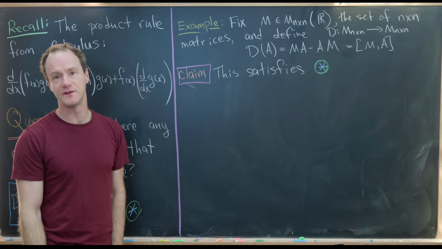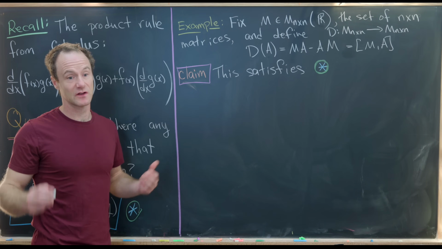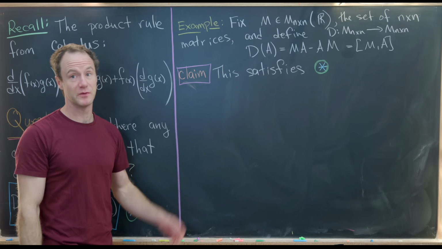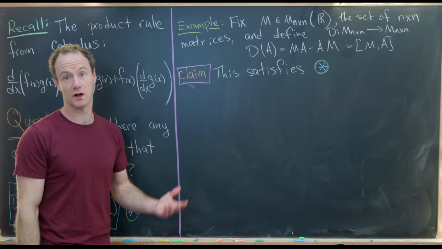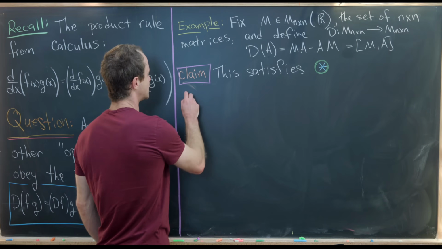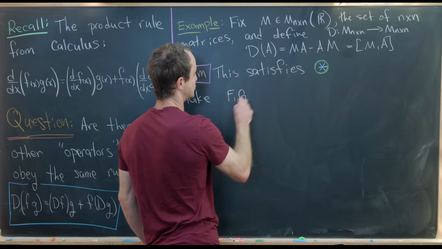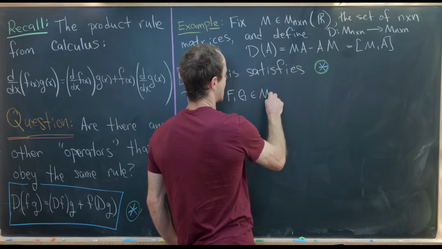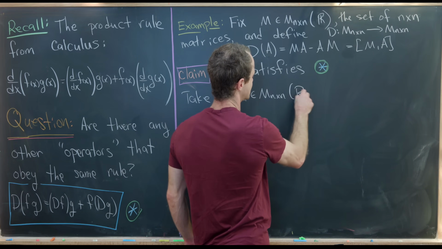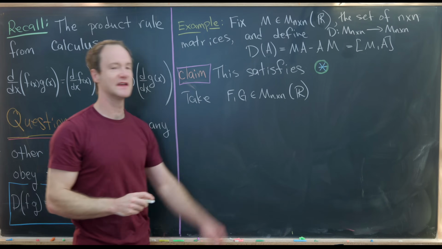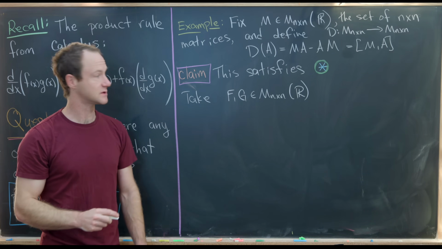Okay, so let's prove this claim. This is actually a fairly routine calculation, and I think it would be a good homework exercise for a linear algebra class. So let's take arbitrary F and G from the set of n by n matrices with entries in R, although you can take these entries to be in any field.